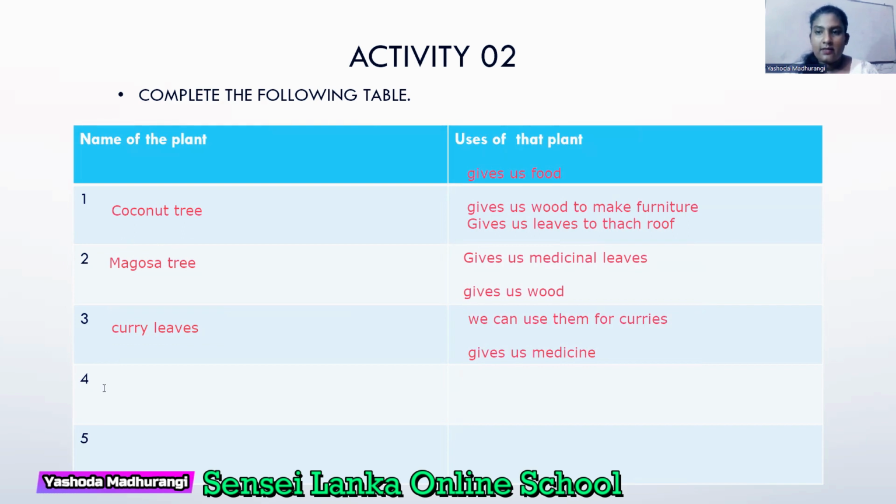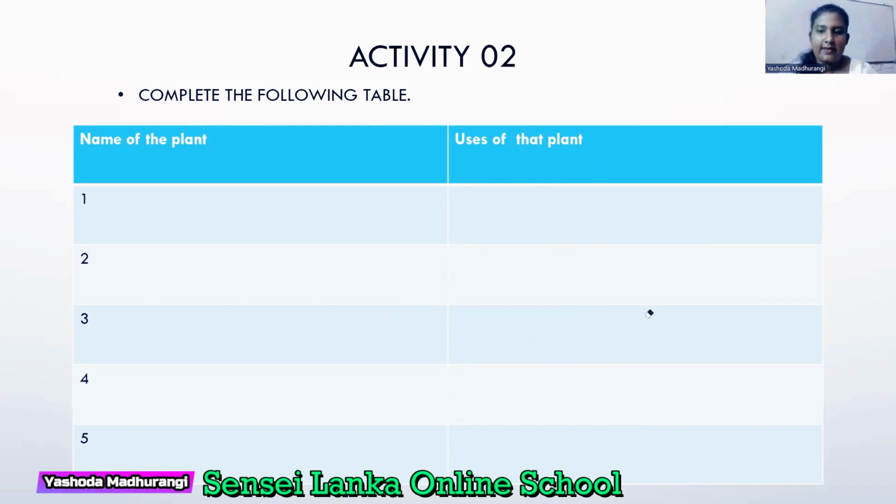Gives us medicine. People make drink out of it. And also it is a medicine for our skin care. Like this, you can write down 5 things. I think you understand the activity. So today in my video lesson, I told you it is a longer lesson and also there are many activities like this. I think you understand the activity.